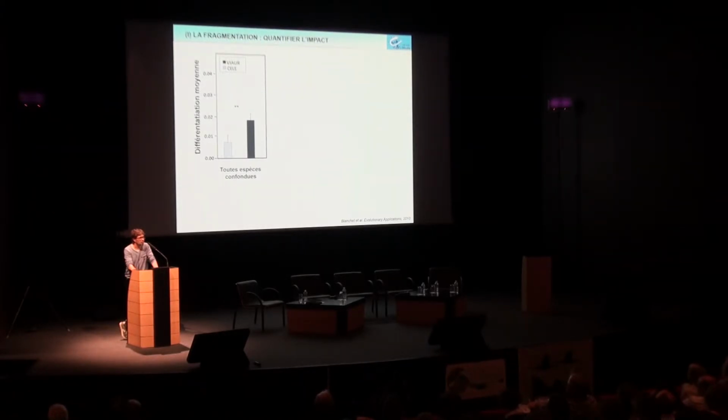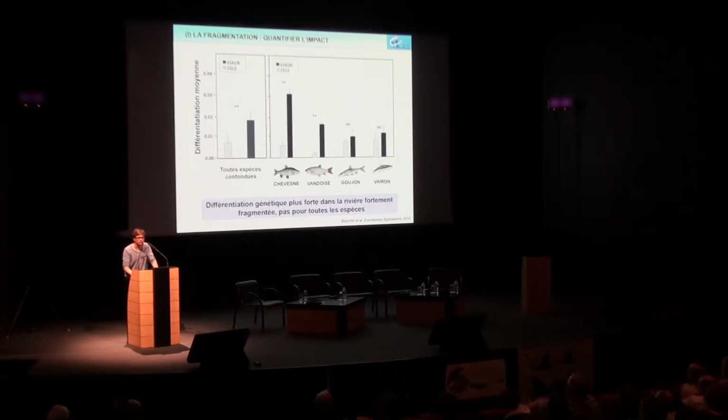For the genetic fragmentation, we can see a higher differentiation on the black river. For the 2 biggest species, Chevesne and Vendoise, the impact was higher on the fragmented river, and for the 2 smaller species, we didn't have a significant impact.